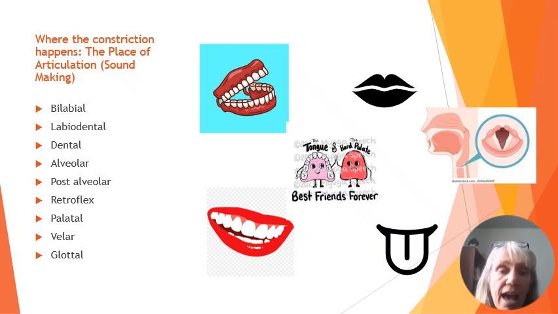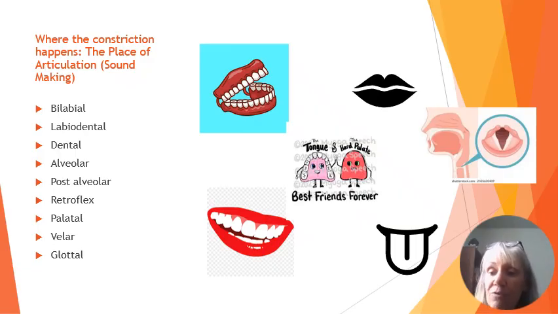And so I have bilabial, meaning two lips. Labiodental means lips and teeth. Dental refers to teeth. Alveolar refers to the alveolar ridge. Post-alveolar is behind the alveolar ridge. Retroflex means to go backwards, to curl the tongue towards the back.